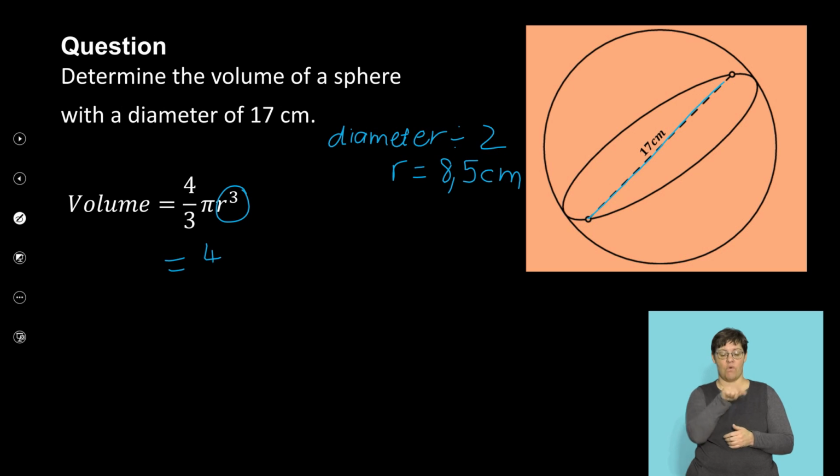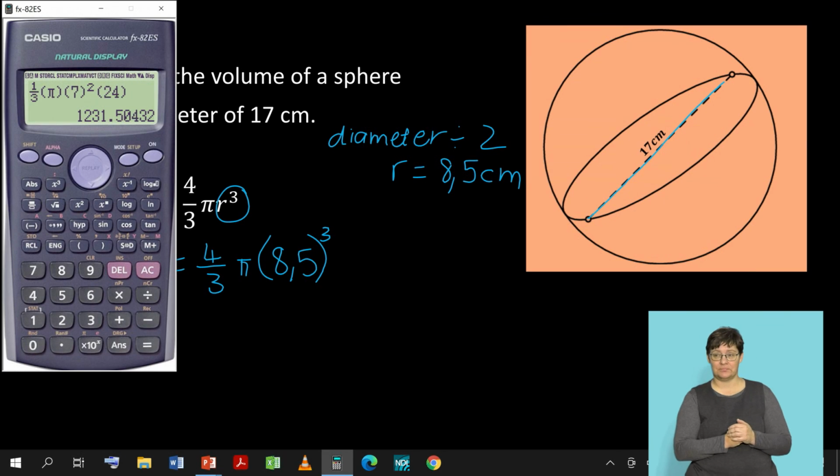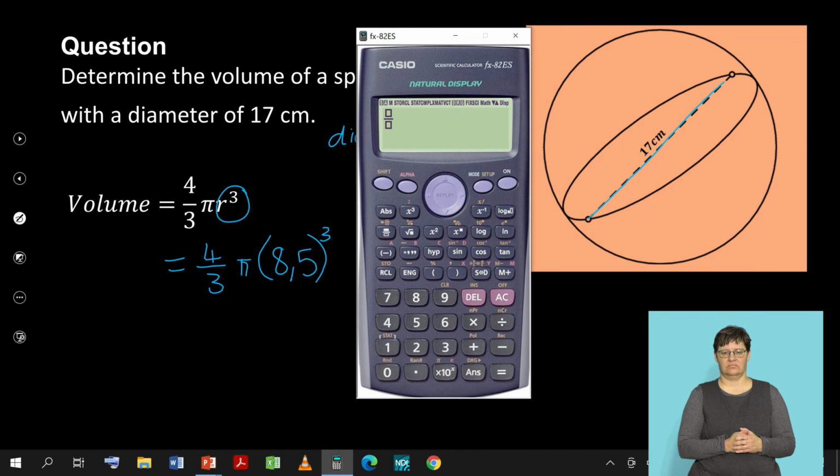So it's going to be 4/3 pi multiplied by 8.5 cubed. Let's get our calculator. Great, so it's going to be 4/3 pi multiplied by 8.5 cubed, which is going to give me 4913/6 pi.